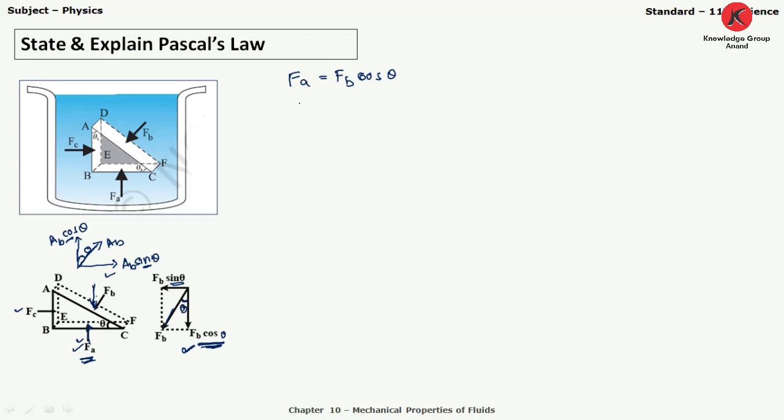Now in a similar way, if I want to write the equation for area AA, this is the area vector AA, and here we have the component of cos, so this will be the component AB cos theta. So ultimately AA equals AB cos theta from the geometry. Similarly FC equals what?